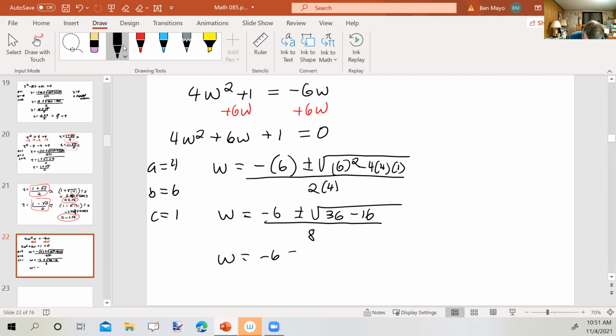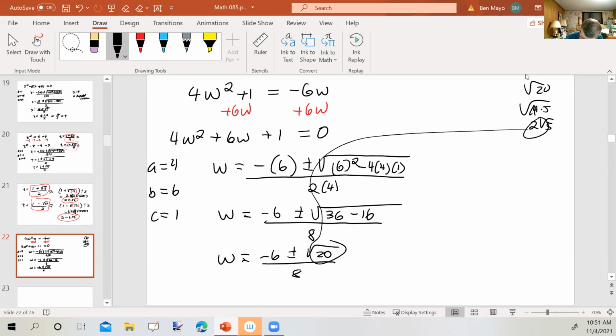W equals negative 6 plus or minus the square root of 20 all over 8. Now, the square root of 20 is the square root of 4 times 5, which can be simplified down to 2 square roots of 5. So that's going to go in the place of that. So now W equals negative 6 plus or minus 2 square roots of 5 all over 8.